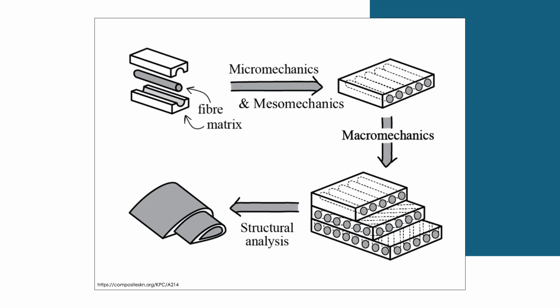Let's start by introducing the concept of composite. A composite material is a combination of two or more distinct materials that remain separate at a macroscopic level but work together to produce a material with improved mechanical, thermal, or functional properties that are superior to those of the individual components.